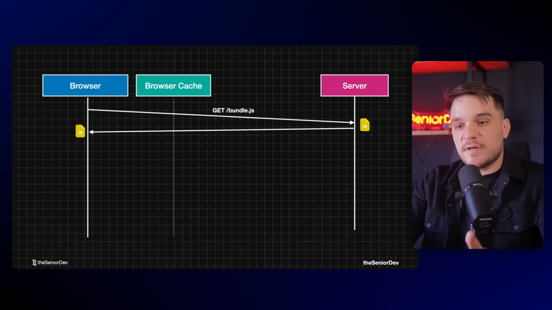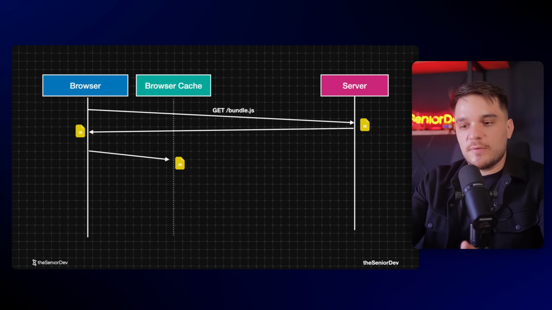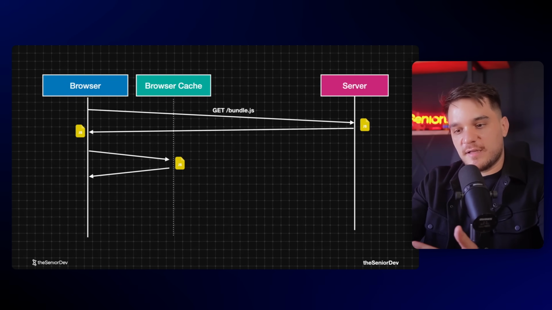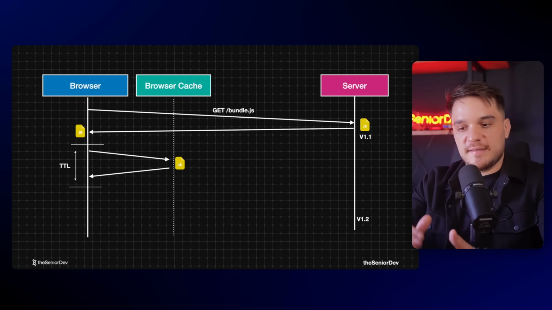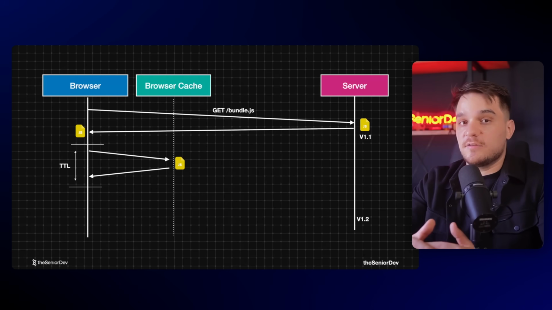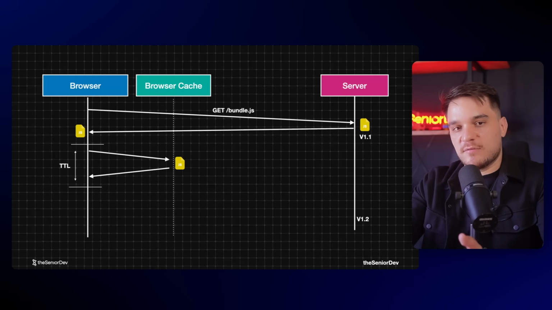But as it sends it over, it also gets stored in the cache if it has the correct cache control policy. So in our next request, we will actually go to the cache, get the file from there, and use it. So we don't need to go all the way back to the server again. And that's what we call the TTL, the time we are allowed to do that. Because at some point, the asset will expire. At some point, they'll say, hey, you know what?